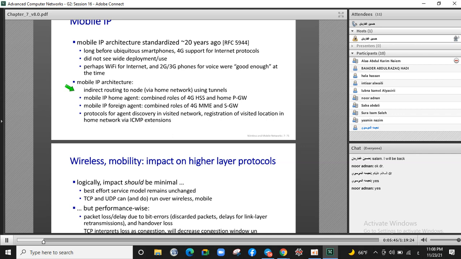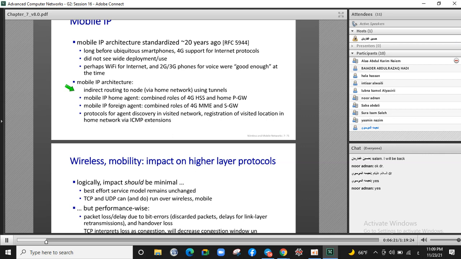But in 4G and especially in 5G, IP dominates the background of these technologies. So it's the time, and in 4G and 5G, mostly we are using the mobile IP protocol. So we need to care about the mobile IP architecture.